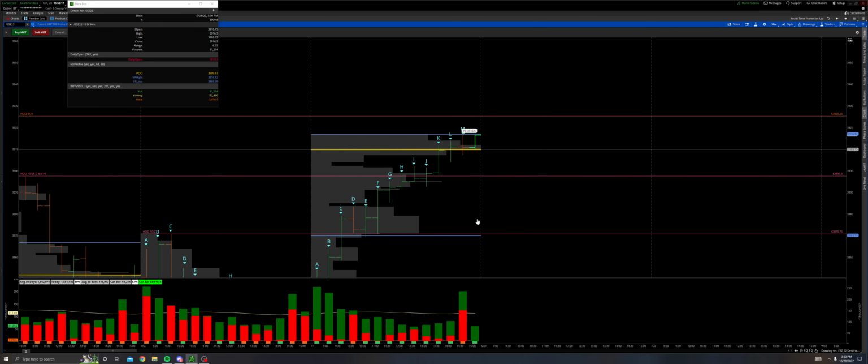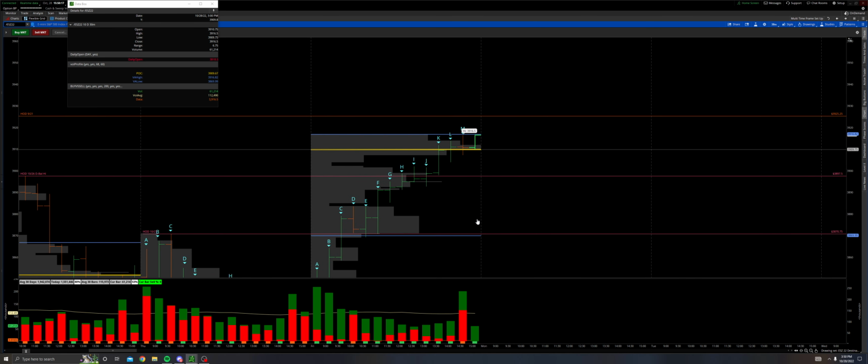Today we go out with a quadruple distribution. For those of you that don't know what that means, this is what it means. This right here that I'm highlighting, that's one distribution.